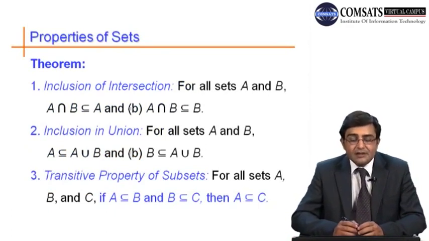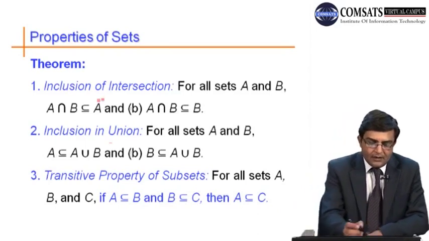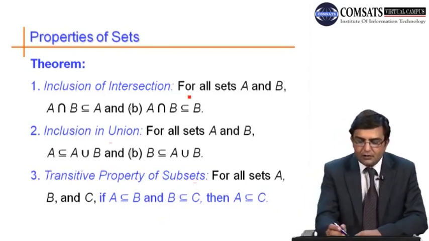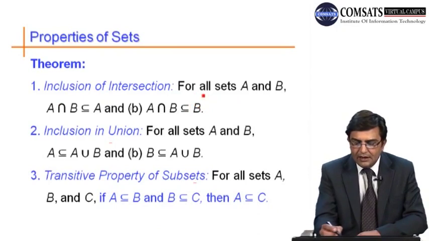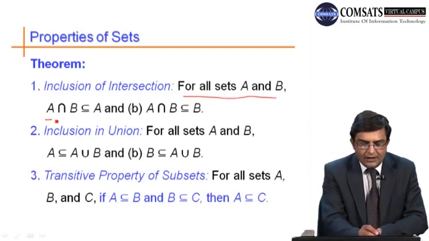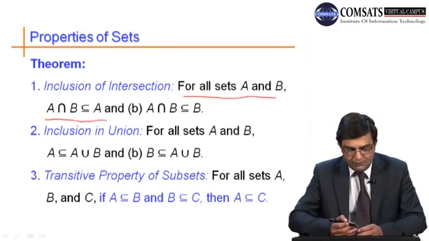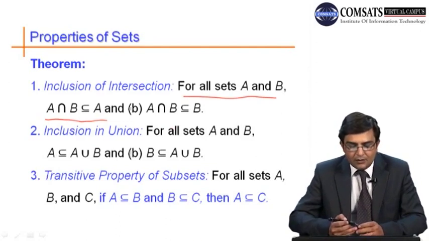Here we discuss a theorem, inclusion of intersection. The first case is inclusion of intersection. For all sets A and B, A intersection B is a subset of A. We can see it by using a Venn diagram.